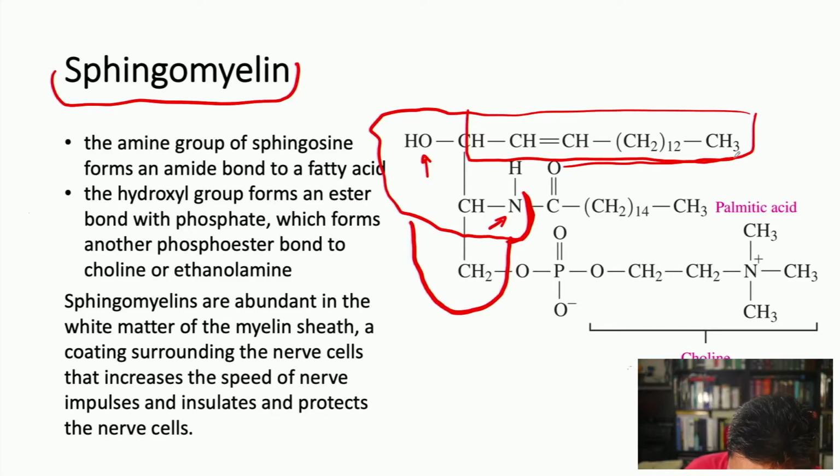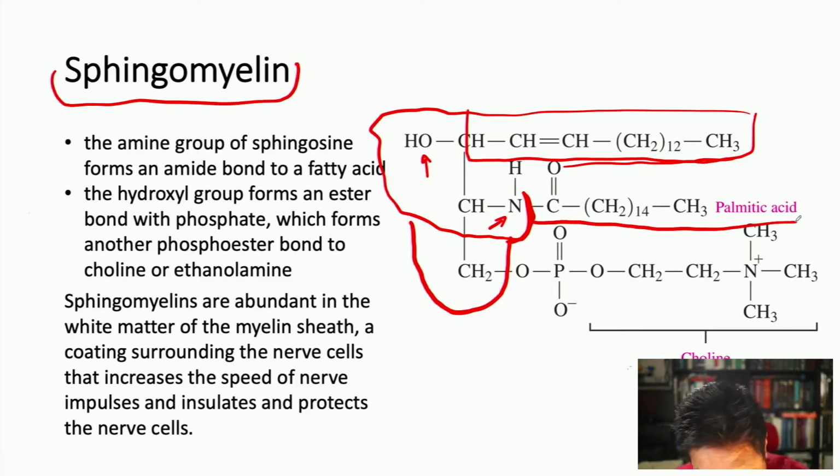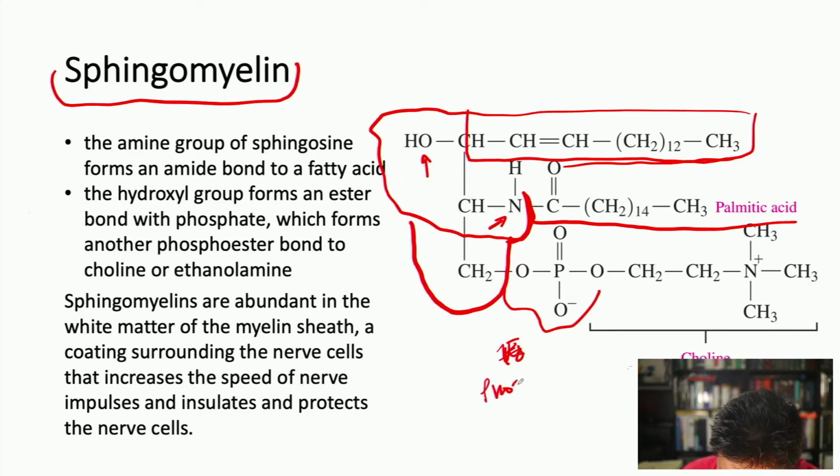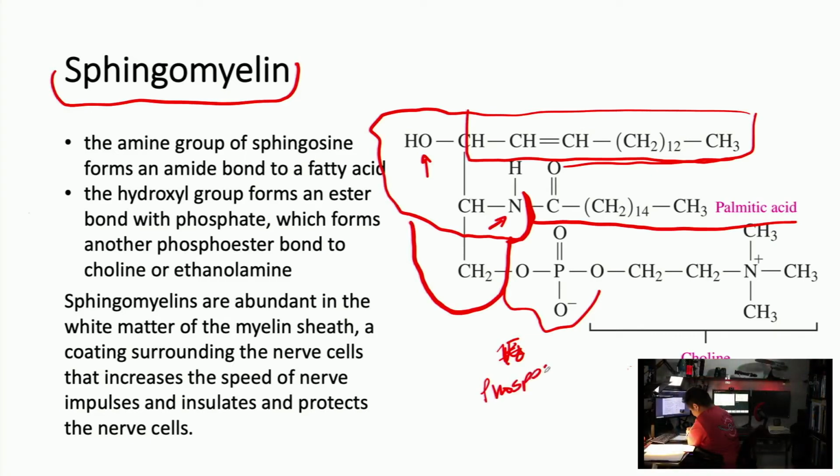So sphingomyelin is composed of the sphingosine backbone, and then the fatty acid, here in this case is palmitic acid again, 16 carbons long. The phosphodiester bond right there. I just spelled phospho with an F. That's terrible. There we go. Phosphodiester. Alright.